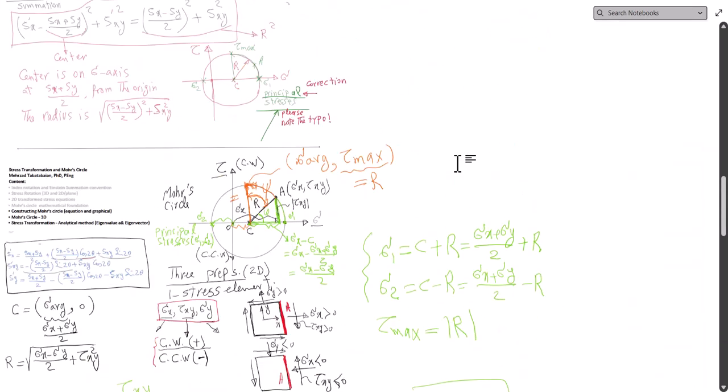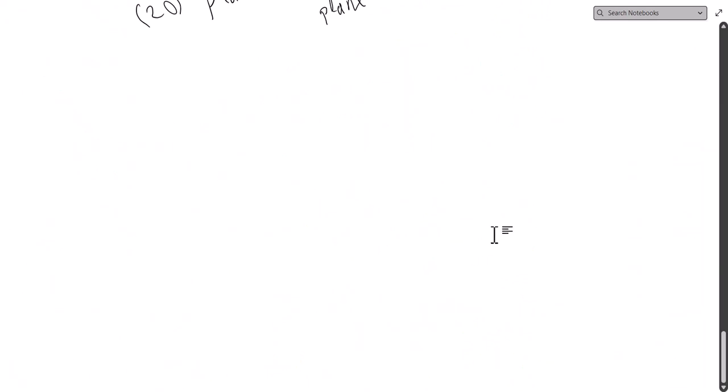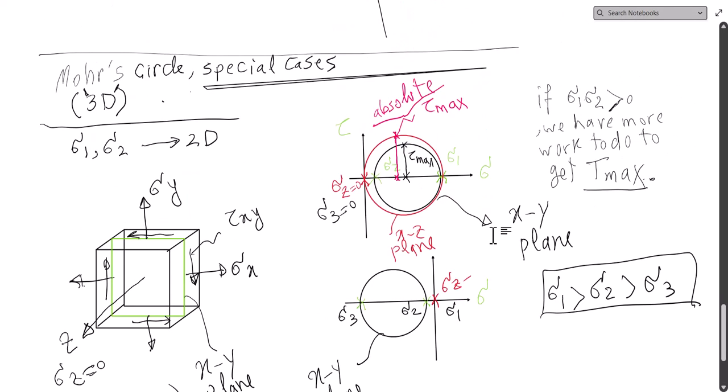In the next video, I will be treating stress transformation fully using an analytical method, because in three dimensions, usually our stresses are symmetric, but if we don't have a symmetric stress tensor, then the whole Mohr circle becomes more tedious and loses its merits, based on my understanding.